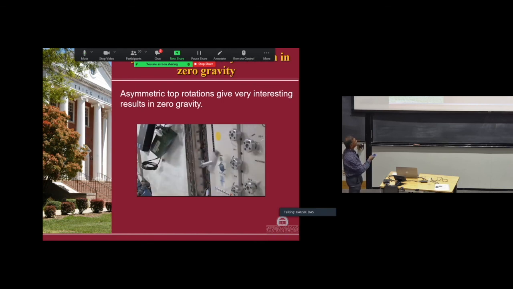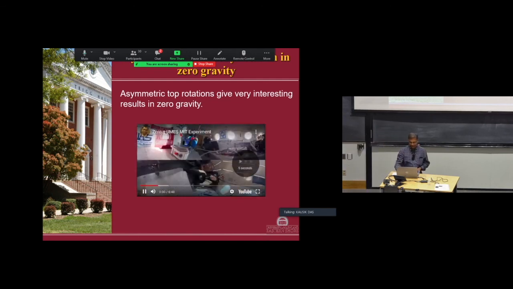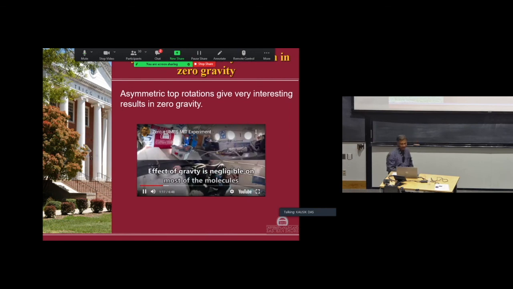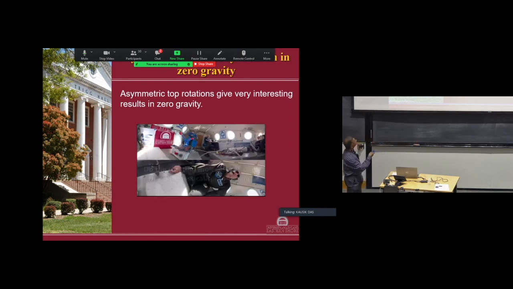Just look at that, the key handle, how it behaves. It's very interesting. So what we tried to show, water molecules, here we created a toy water molecule, and we rotated it, and we wanted to see if this water molecule shows that flipping behavior in zero gravity that we commented on in our paper. Look at that.